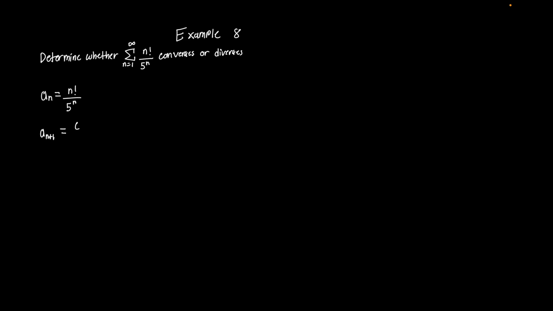So this is equal to n plus 1 factorial over 5 to the n plus 1. Now let's form the ratio. We need a sub n plus 1 over a sub n.